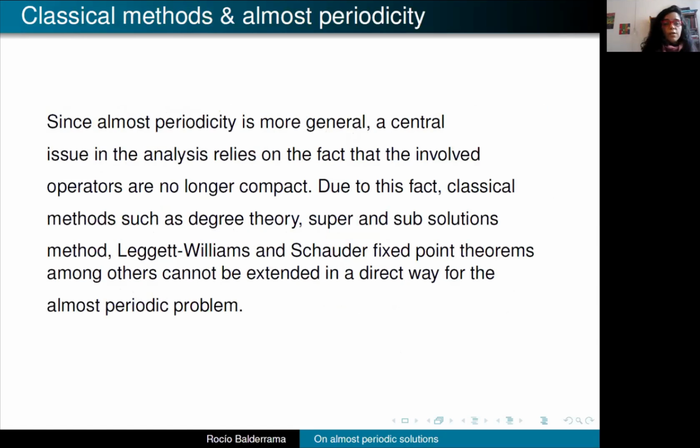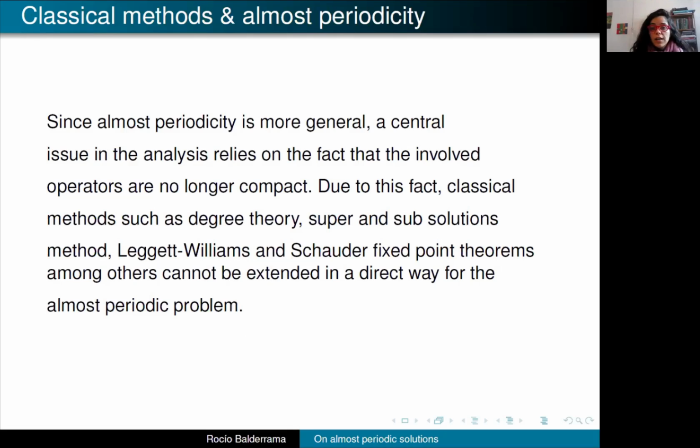So why can the classical methods not be applied here when we are dealing with almost periodicity? Well, since almost periodicity is more general than periodicity, a central issue in the analysis relies on the fact that the involved operators are no longer compact.